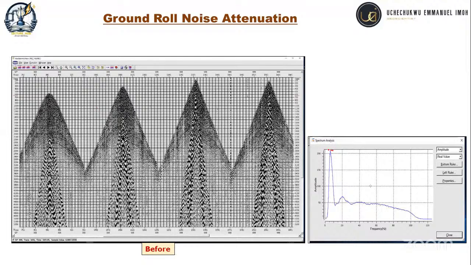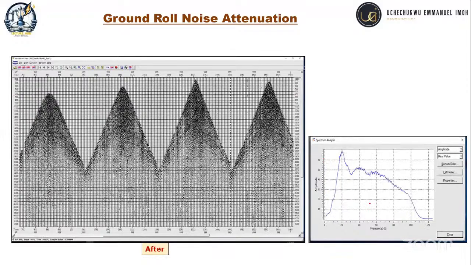The peak on the frequency spectrum comes from the ground roll noise. You can see the amplitude is very high, up to 200 decibels, against others having 50 decibels. When you remove them, the decibels of that high peak are off, so the other amplitudes become boosted.